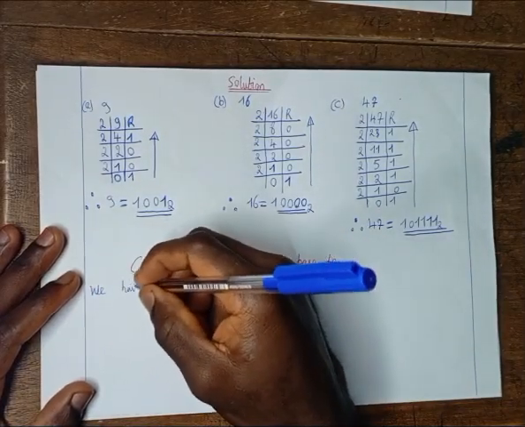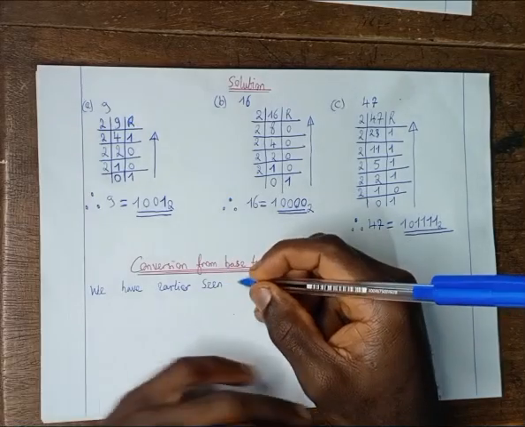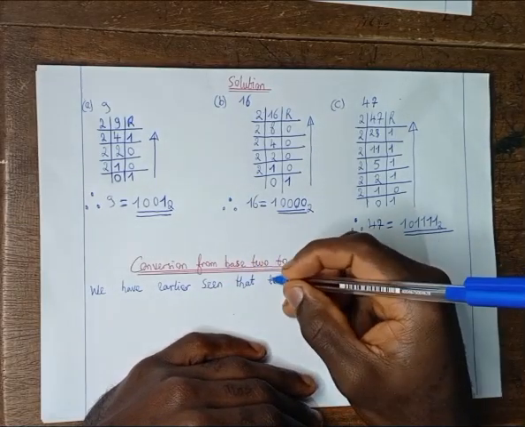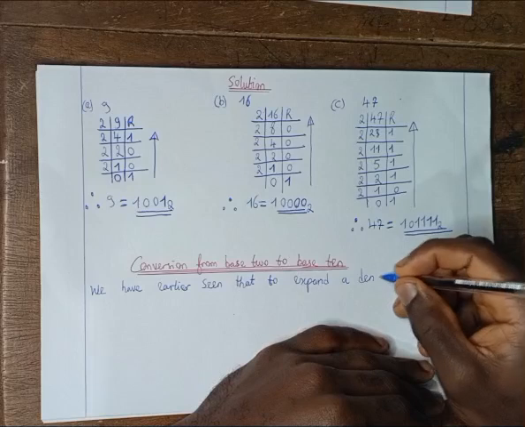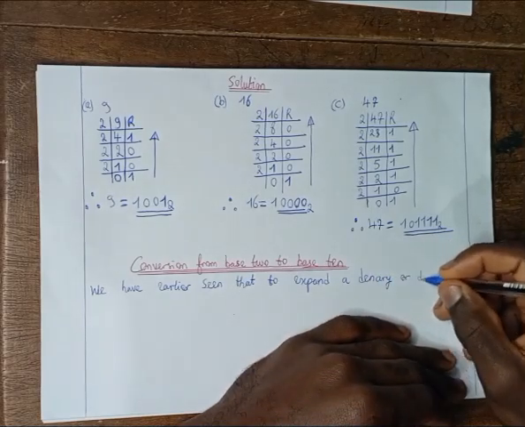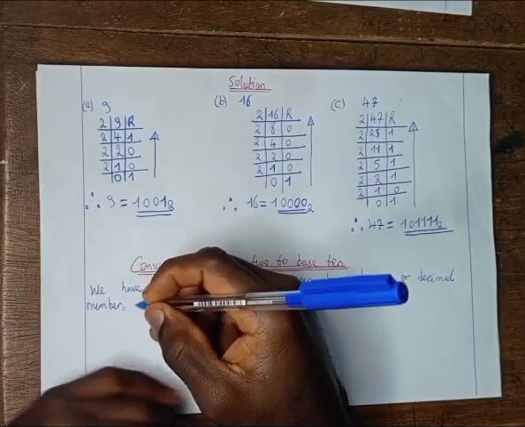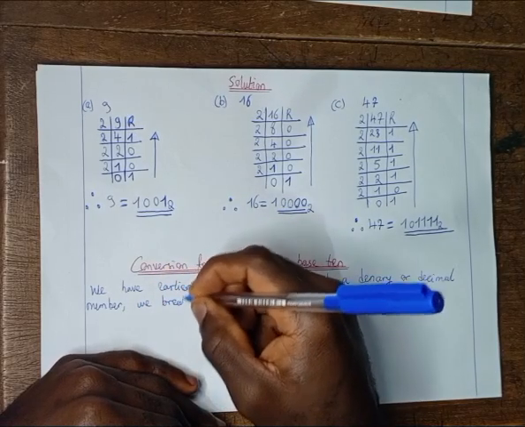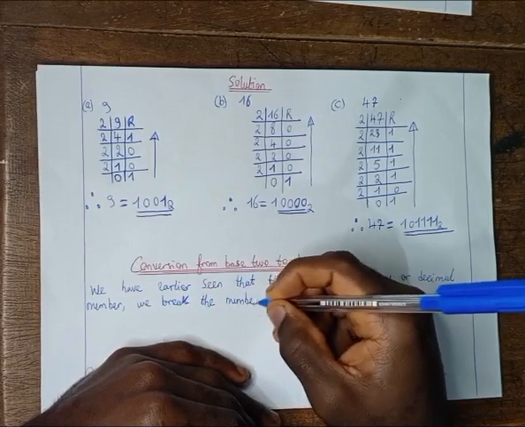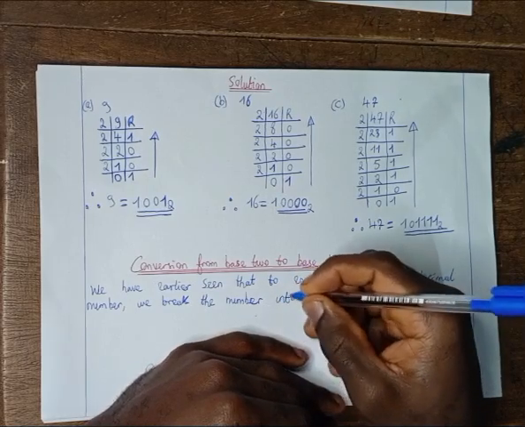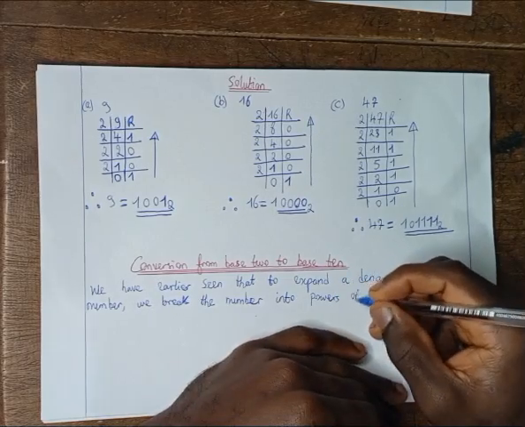We have earlier seen that to expand a generic number, or decimal number, we break the number into powers of 10.